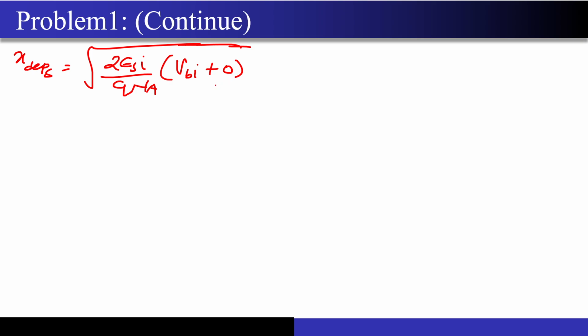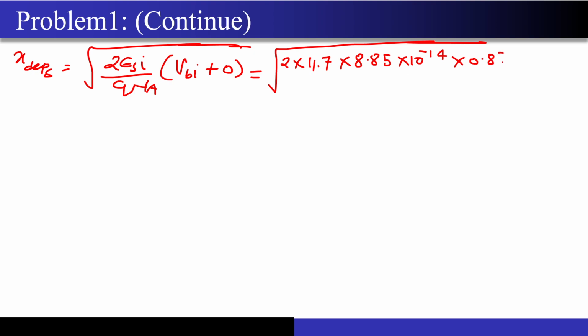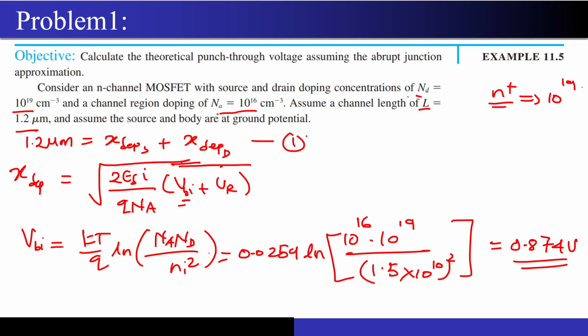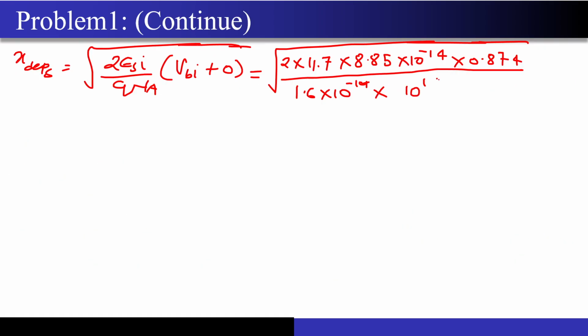So now let me try to substitute all the values in this equation. 2 times the dielectric constant of silicon 11.7, permittivity of free space 8.85 into 10 to the power minus 14. VBI I have already calculated, 0.874, divided by q, which is 1.6 into 10 to the power minus 19, and Na concentration is 10 to the power 16.